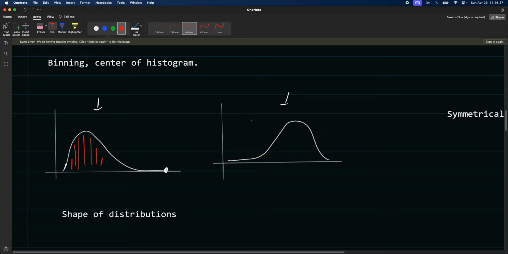Similarly, this is left skew: you have most of the data falling on the right, but this odd data point over here is skewing everything to the left, okay?